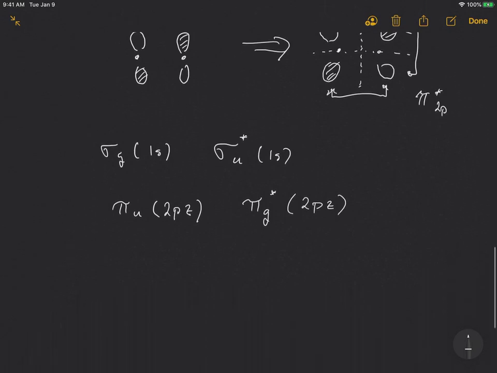I alluded to this classification scheme a little bit previously. Here I'm going to go into a little bit more detail.